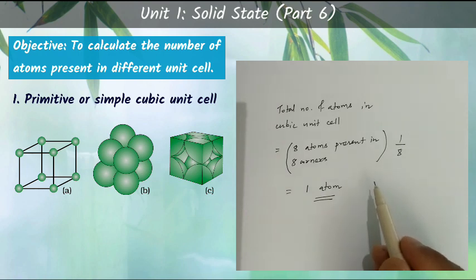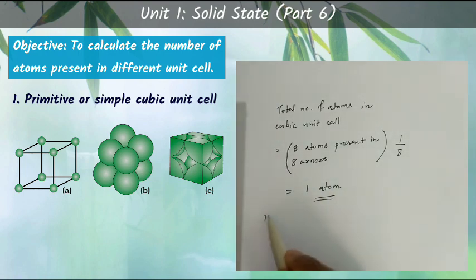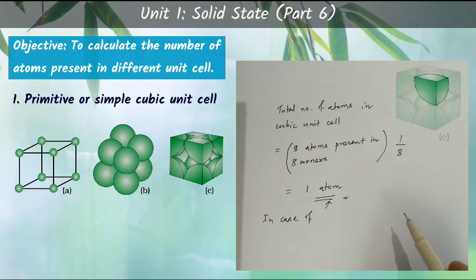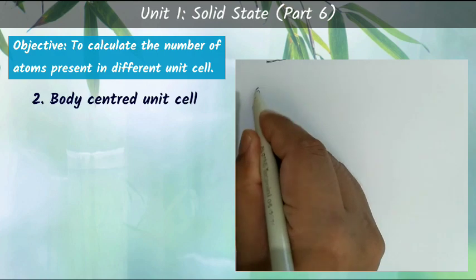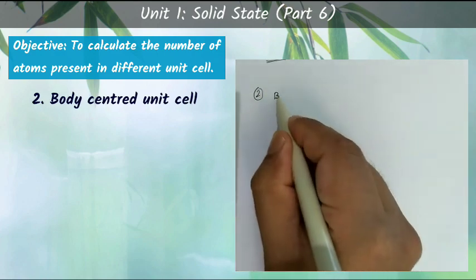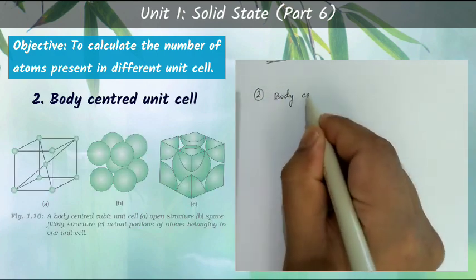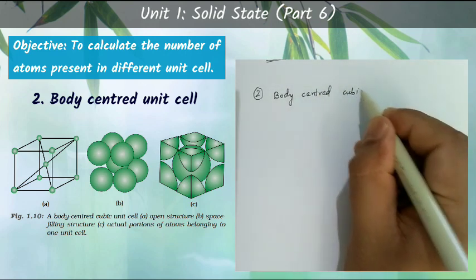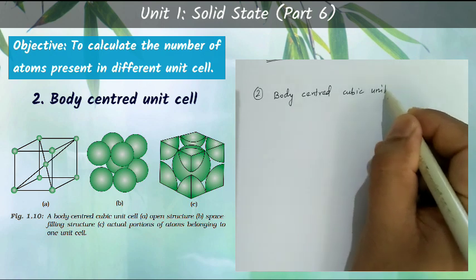Okay, so in case of a primitive cubic unit cell, the total number of atoms present inside that unit cell will always be 1. Now let us discuss the second one, which is your body centered cubic unit cell.